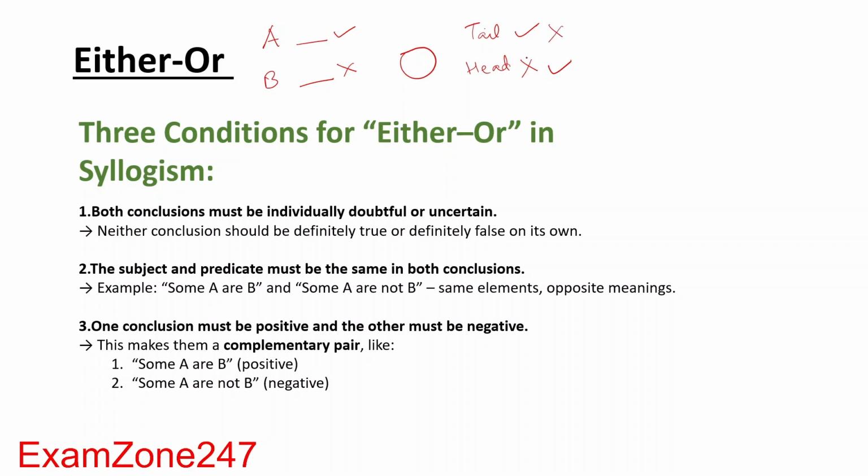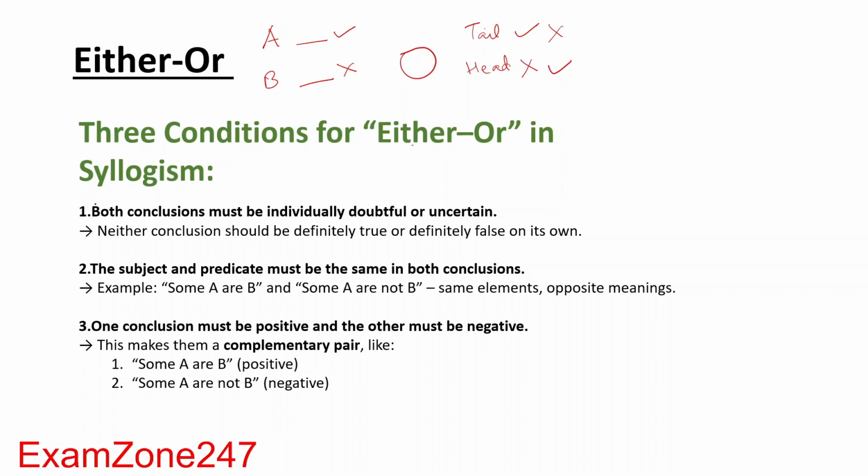This is the simple logic which you should follow in either or statement. Now see, to make your life easier while solving syllogism, try to remember these three conditions which I have given and apply them. If all of them are true between any two statements, its answer is always either or. Now you will come to know more about it when I solve this with examples.